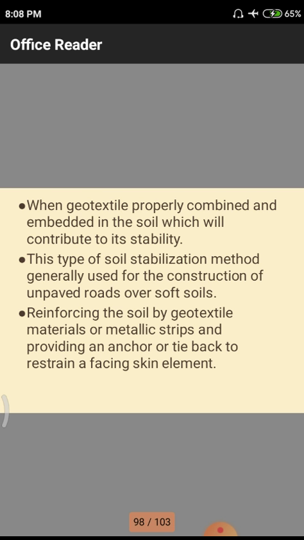Normally whenever the vehicle is moving, due to the pressure created by the tires of the motors, the top layer will be eroded day by day. So whenever we provide these pavements, those pavements are responsible for preventing erosion.